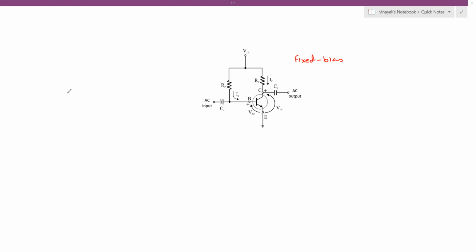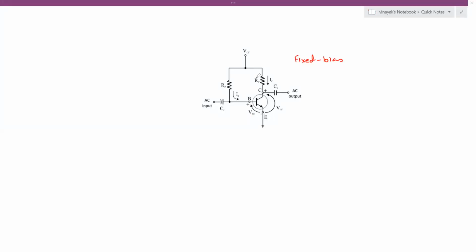What we have here is the supply voltage VCC, from which we are using the resistor RB to draw the current through it, and that is also helping us to set the bias in the input junction of the transistor, that is VBE.